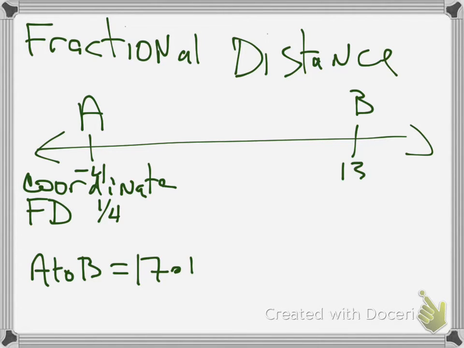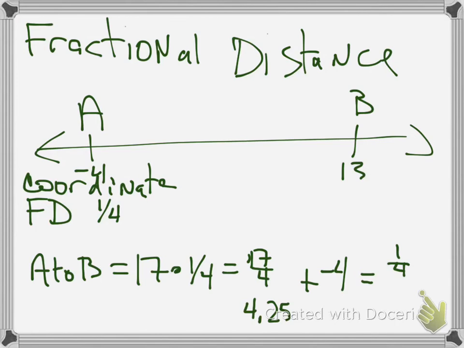You multiply that by 1/4. You get 17/4, but if you decided to put 4.25, that's fine. Either way, the point is you add it to the -4. So you add that to the -4, and that's going to give you either 1/4, if you were using the fraction and using the calculator, or it'd give you 0.25.